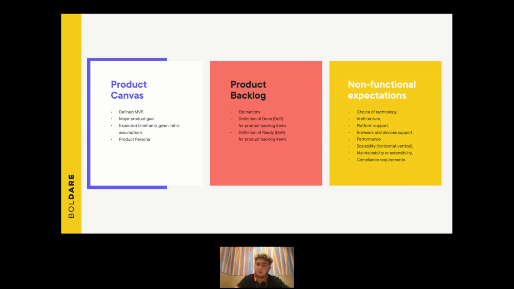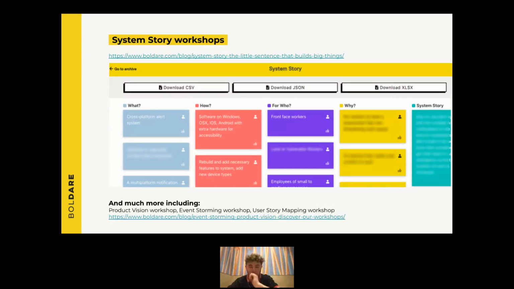So we got this definition of ready, we got the estimations. Those probably can be done within specific teams, but for them to estimate and to have those stories, there is a long process from the idea to then having a filled backlog in Jira. And how do we do that?